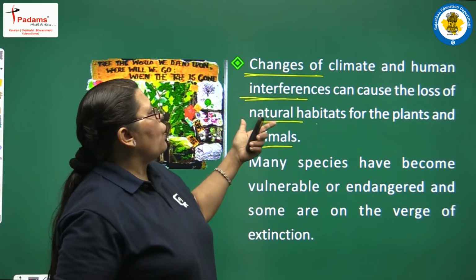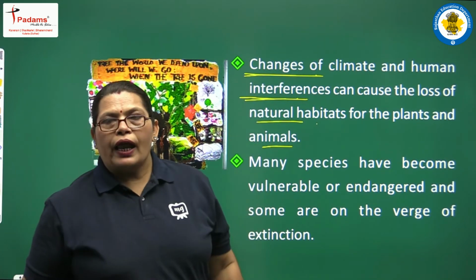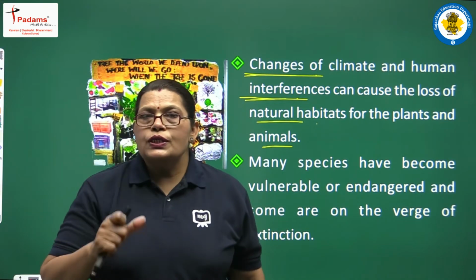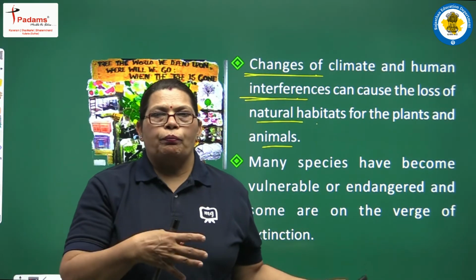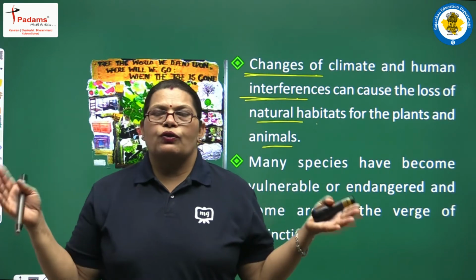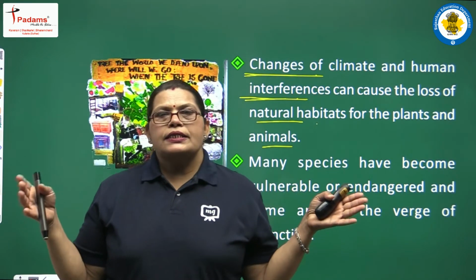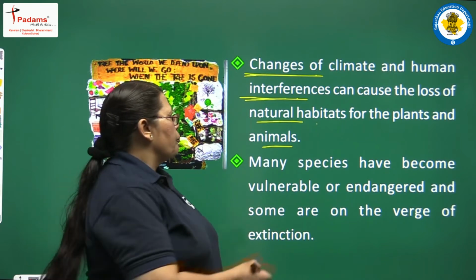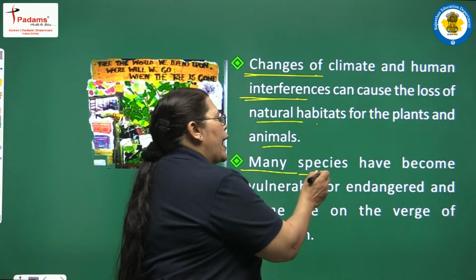So this one is the important thing, that changes of climate and human interference must be stopped for the protection of the plants, for the protection of the animals, for the protection of the birds, insects and other living creatures.